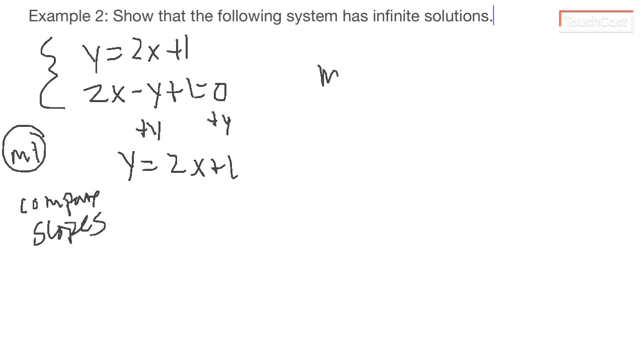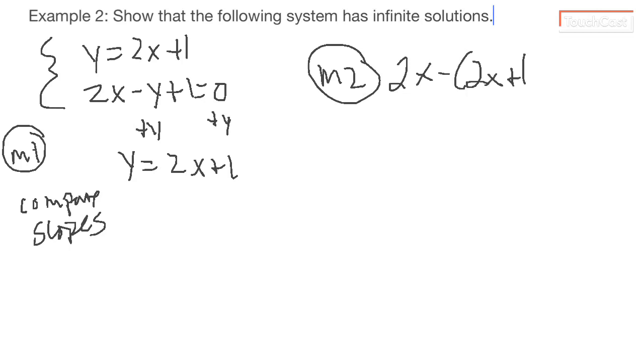Method 2, just like in our last example, since one of these equations is in slope-intercept form or solved for one variable, we could substitute it into the other equation. We could write 2x minus (2x plus 1) plus 1 equals 0.